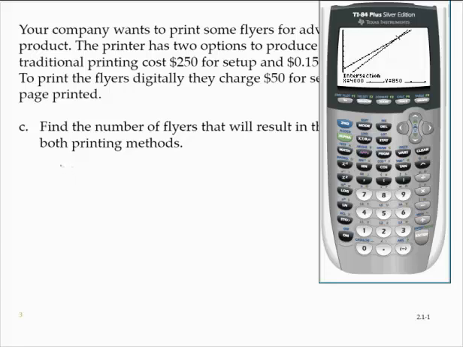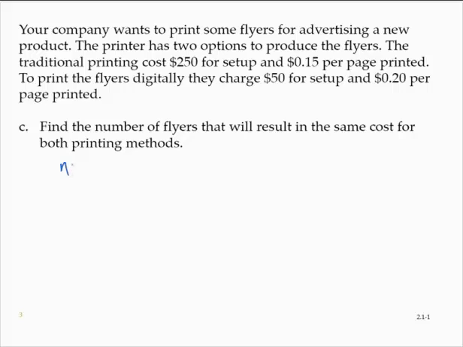So that would mean that N is 4,000. When N is 4,000, then T of N is 850, and D of N is 850.